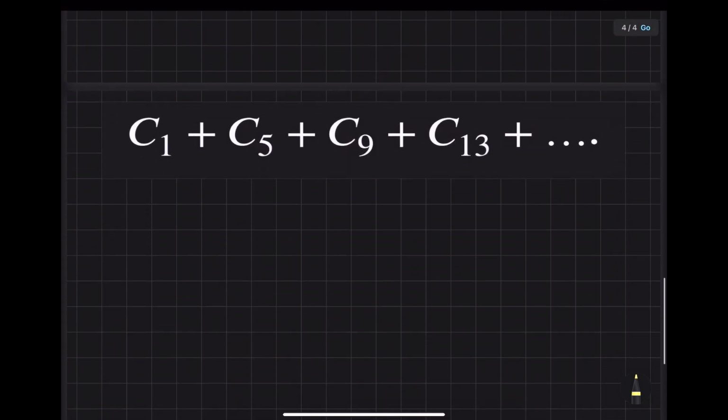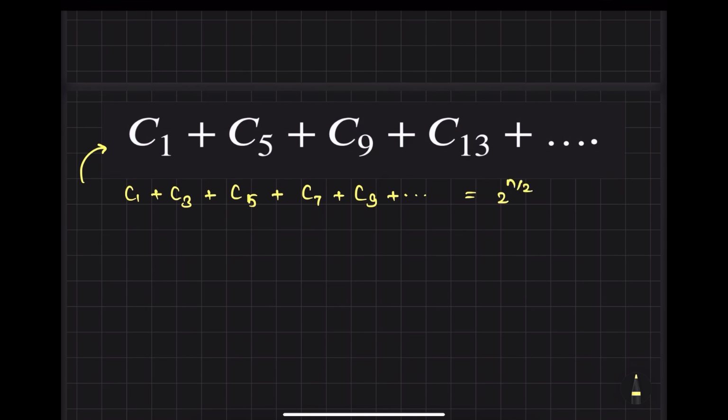Now look at this. This time these guys are using odd lower subscript and again the gap is of 4. So same idea. You know that C1 plus C3 plus C5 plus C7 plus C9 dot dot dot will sum up to 2 power n by 2 sine, no, it's wrong.